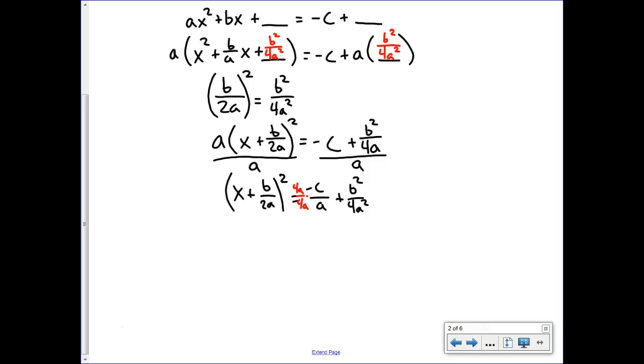And I haven't changed it since I'm multiplying by the same thing on the top and the bottom. So I have x plus b over 2a, quantity squared, is equal to negative 4ac over 4a squared plus b squared over 4a squared. So I can put them both over 4a squared.